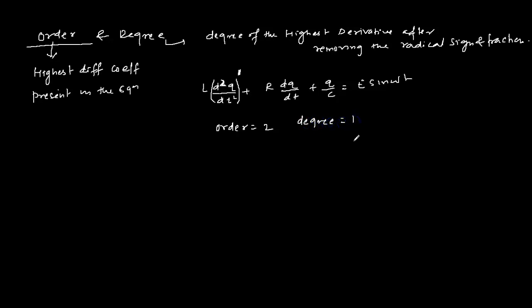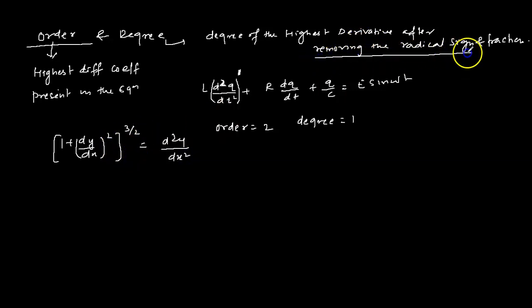Similarly, consider 1 plus dy by dx whole square, to the power 3 by 2, is equal to d square y by dx square. Here simply by seeing you cannot say. First you have to remove the radical signs or fractions. This is a fraction here, so you have to remove it.